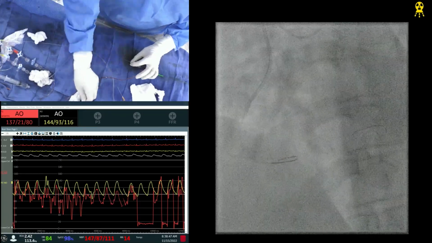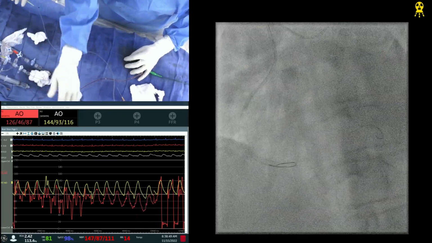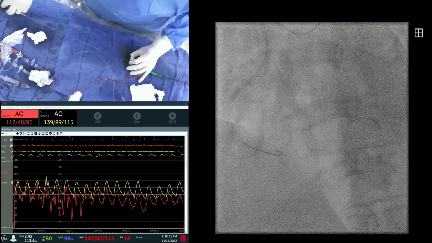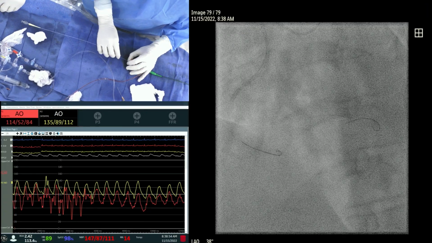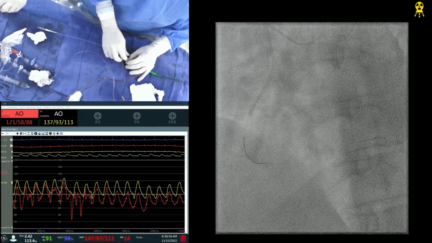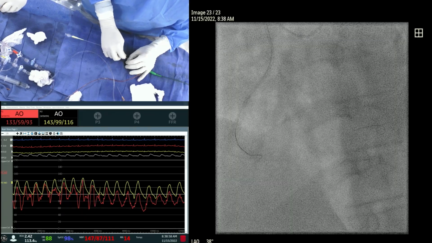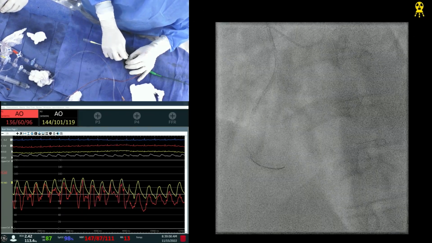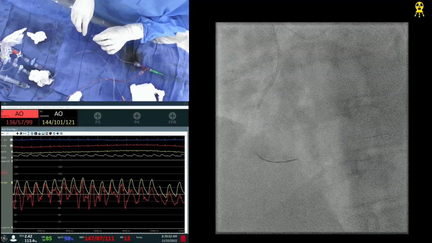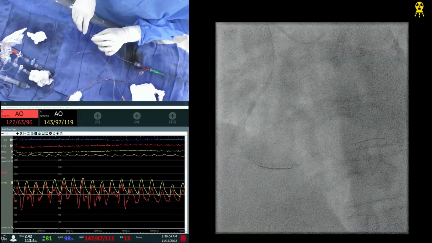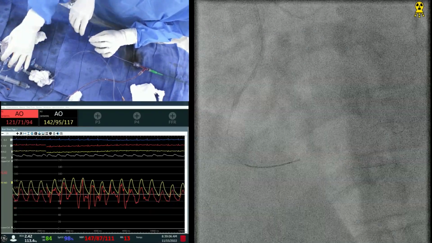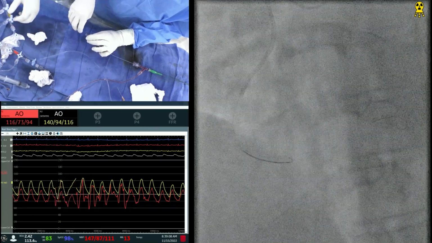Are you holding the wire? Just one second. Yeah. Good. You want to magnify? Okay. Okay, get the retrograde.